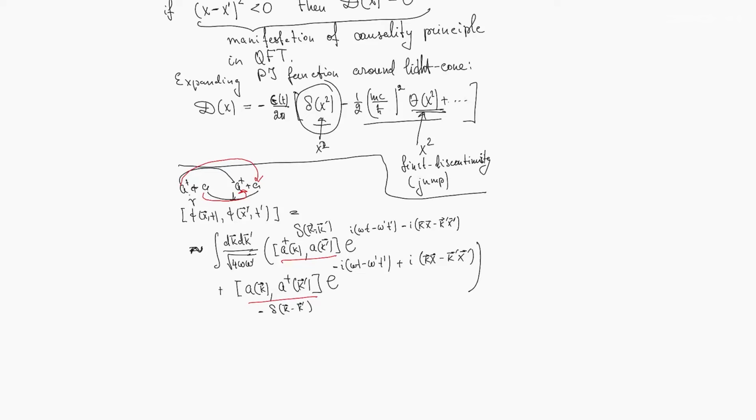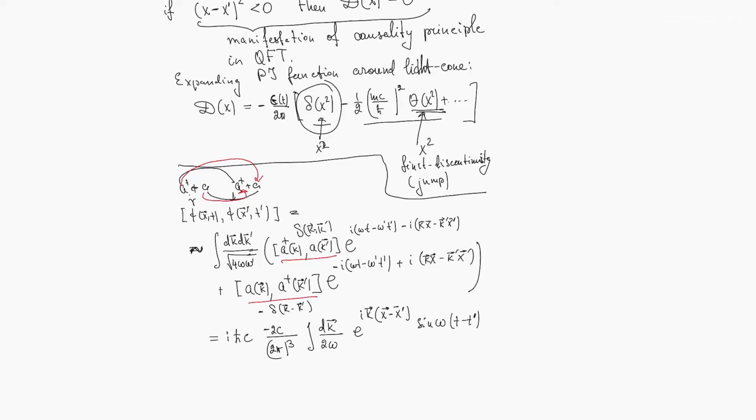Let me write the exact coefficient: i h bar c, also minus 2c divided by (2 pi) cubed, integral dk over 2 omega, multiplied with exponential i k (x minus x prime), multiplied by the sine function of omega (t minus t prime).